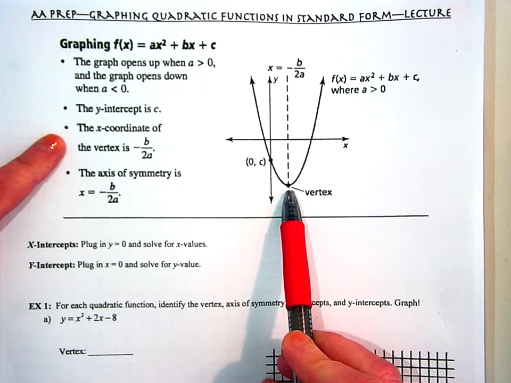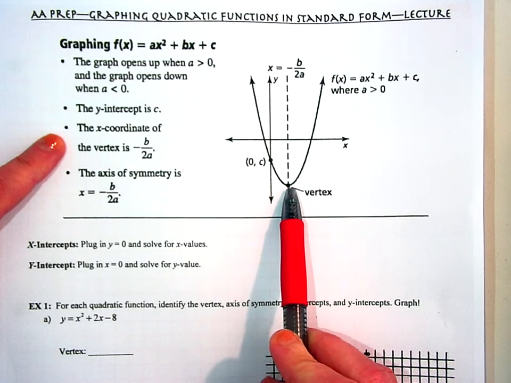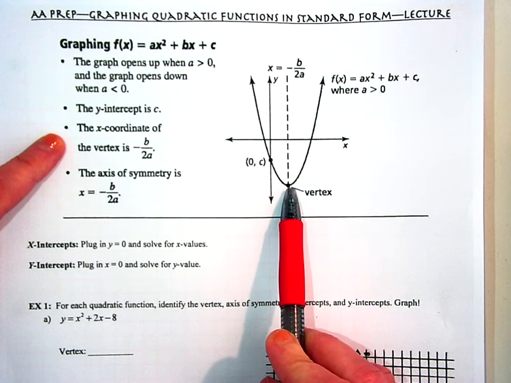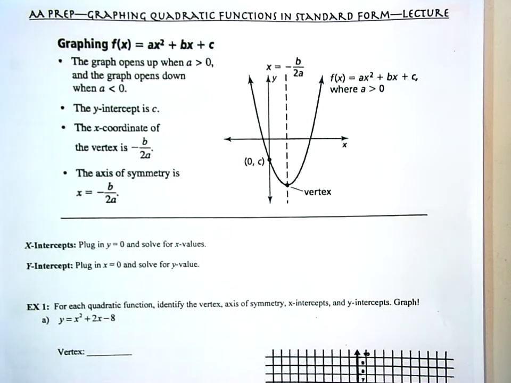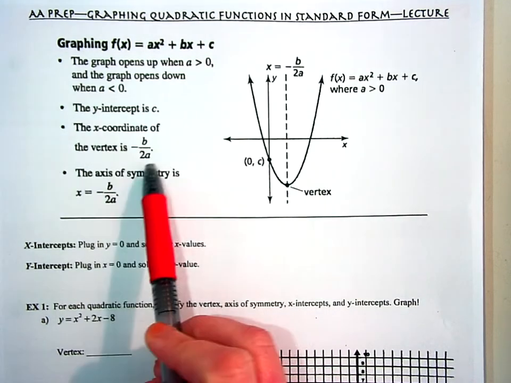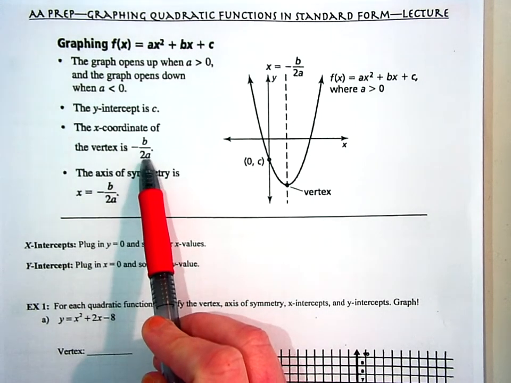So my vertex right here, right where that little u part is, that little dot right here, to get to the x value, negative b over 2a, and then we plug in to find the location for the y. Okay, the axis of symmetry, it's always a vertical line, and it always slices through the vertex, so it's exactly the same as the x-coordinate of the vertex right up here.